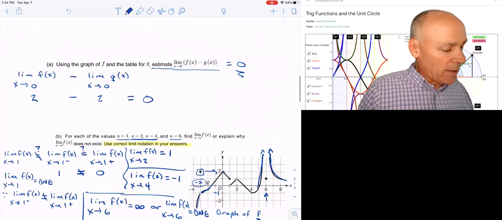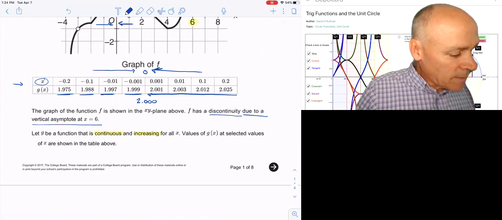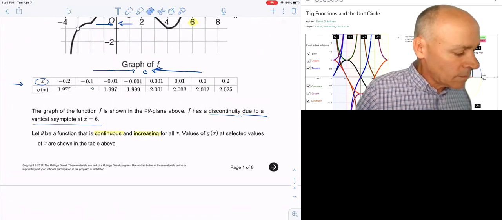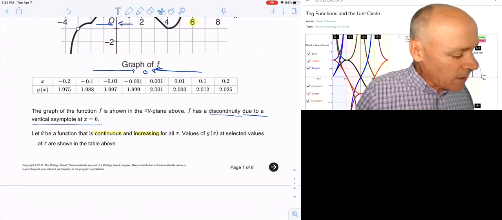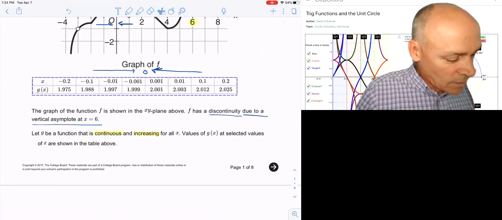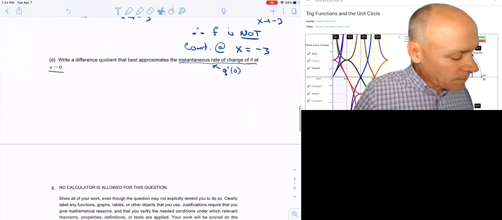So I'm going to go to my graph, and I'm going to take part of my graph here, just so I can kind of see it. Just going to copy that down below so I can refer to it.